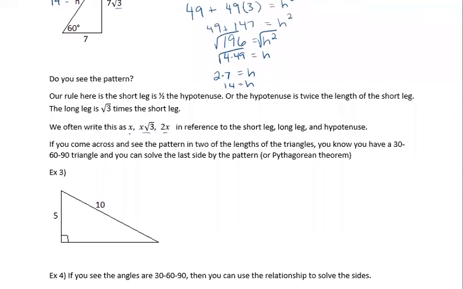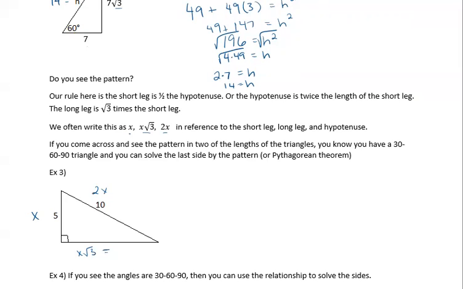So here, you're not even given these angles, but you see a pattern. Oh, that short leg is 5 and the hypotenuse is 10. I feel like I've seen that pattern before. Maybe I can use the x, 2x, x square root of 3. And I can. This is 5. This is 2 times 5, which is 10.